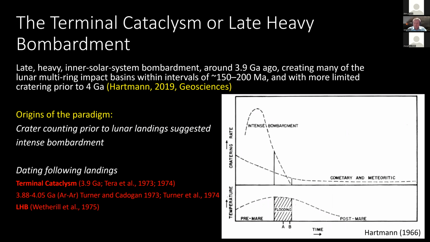And some very important work in the 1970s by Food Terra and others, including Granville Turner, where they used argon-argon dating, were able to specifically and precisely date many of these impactites, giving calibrations to this crater counting chronology. And based on that, they inferred that this cataclysm at 3.9 billion years had indeed occurred.